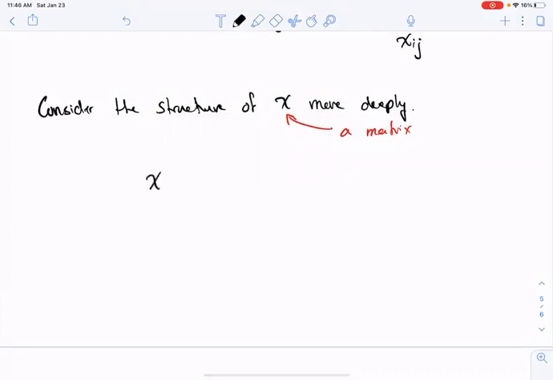Let's write down the matrix inverse of chi as two pieces: some chi naught inverse minus some delta chi inverse.